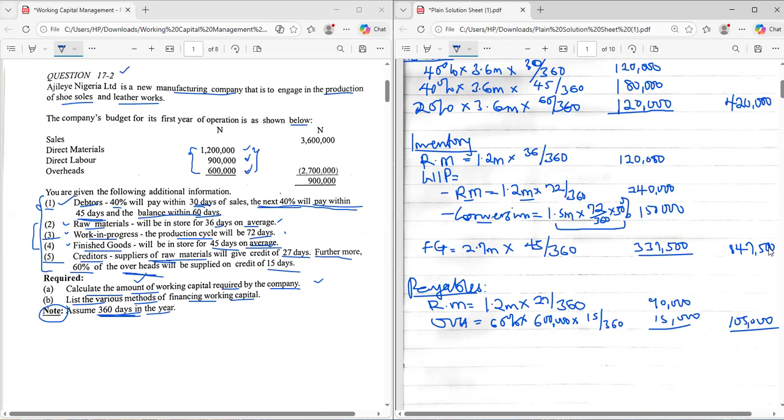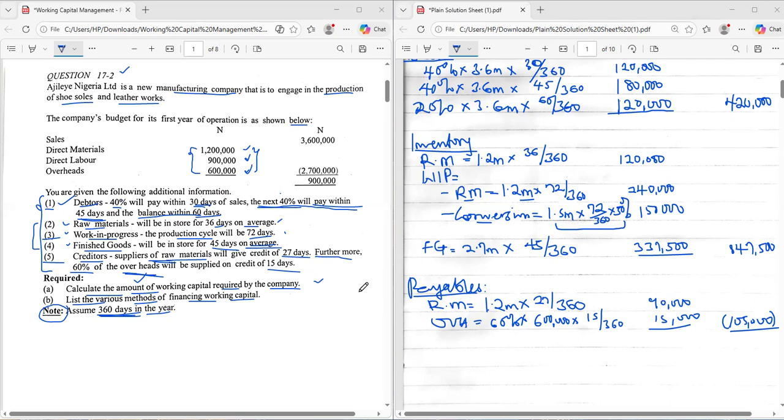Sir, is labor not part of cost of production? I said the direct labor. Normally, are we not supposed to add it to cost of production when we are doing payables? This labor, we used under inventory, under work in progress, because it forms part of the money we spend before we are able to convert the raw material to finished goods.